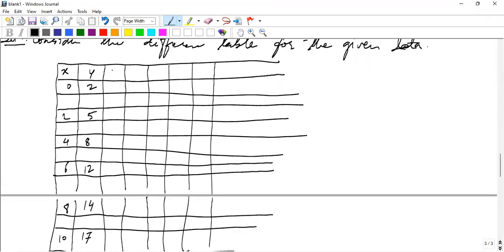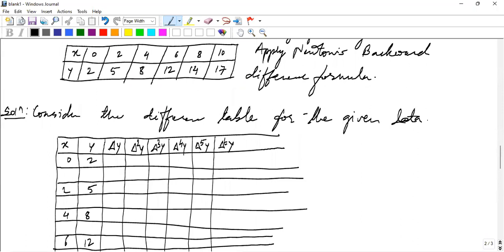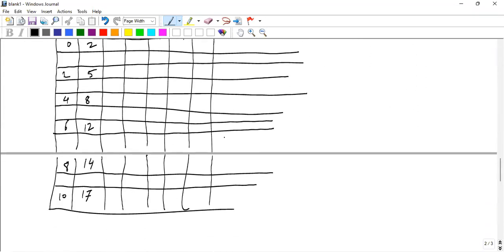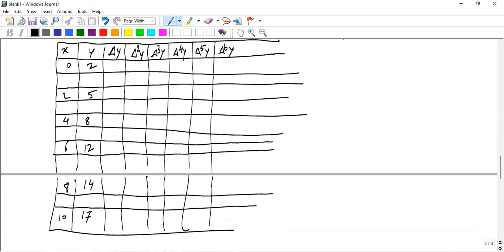Now let's have the differences: delta square y, delta cube y, delta raised to 4 y, delta raised to 5 y, delta raised to 6 y. Here y means y0 we are considering. We are considering the forward difference. You know the table for the forward difference and backward difference is going to be the same.